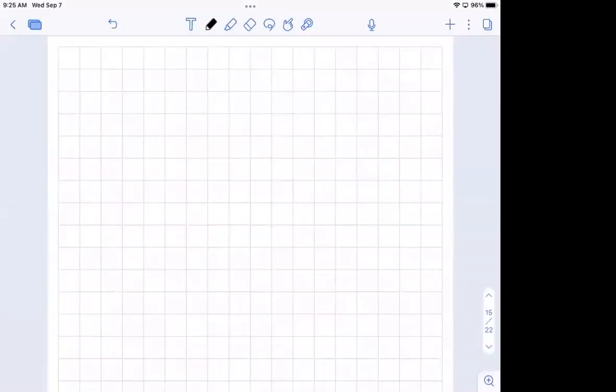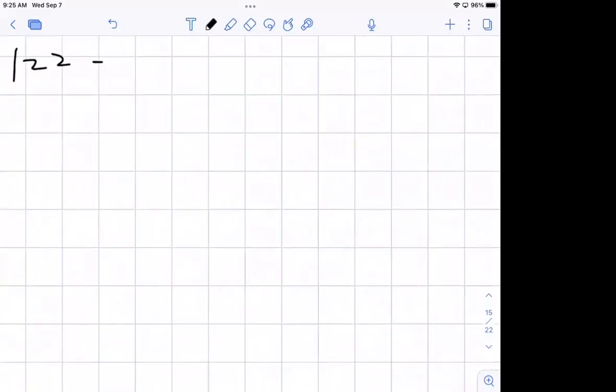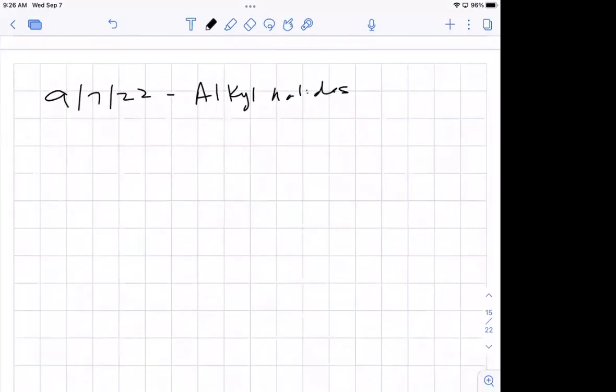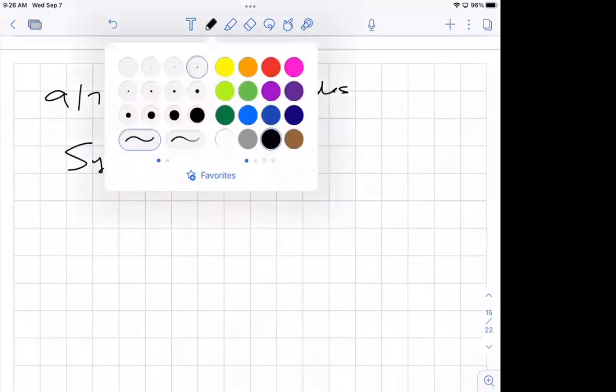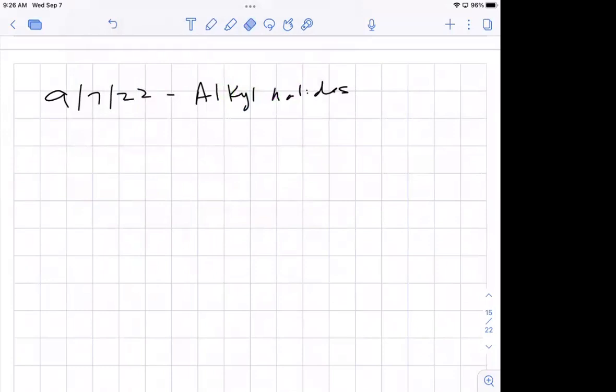Right, so when we talk about alkyl halides, we're going to talk about how to make them, and how to apply them.